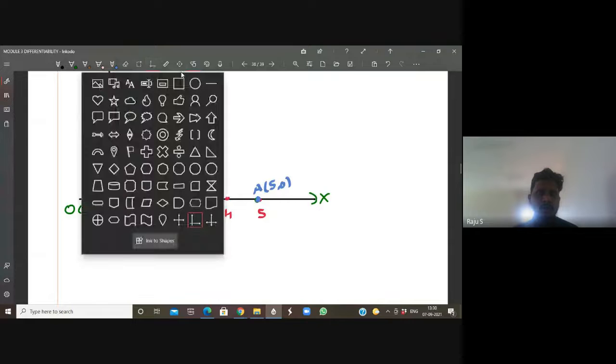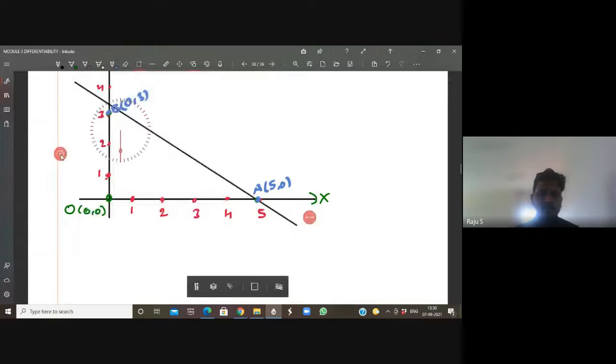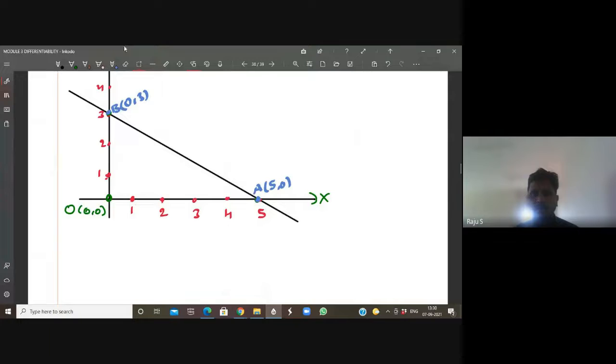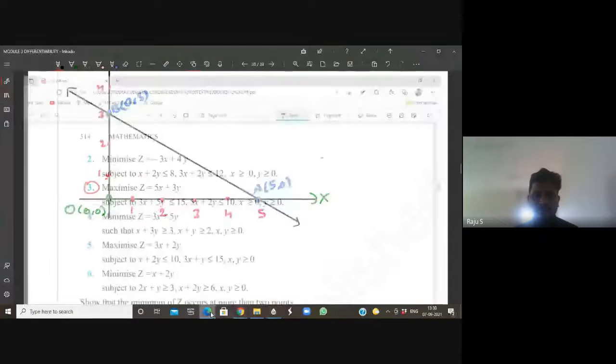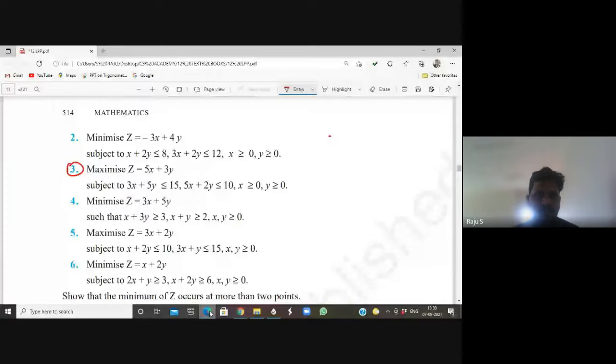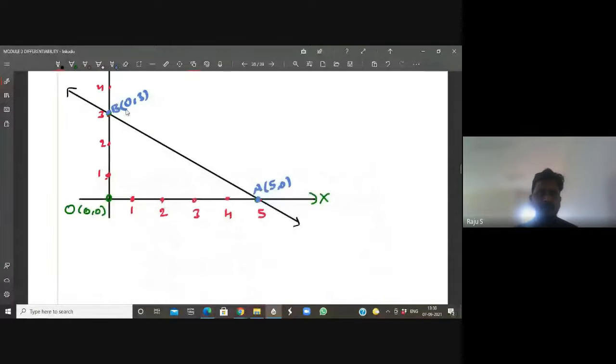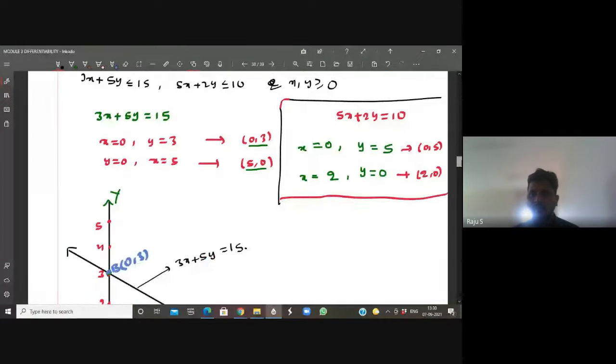Now I'm going to draw the line. This is the line, and what is the equation of this line? Line equation is 3x plus 5y is equal to 15. Next, another line, 5x plus 2y is equal to 10.